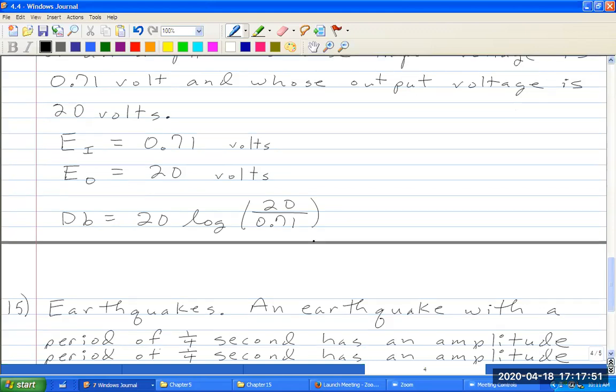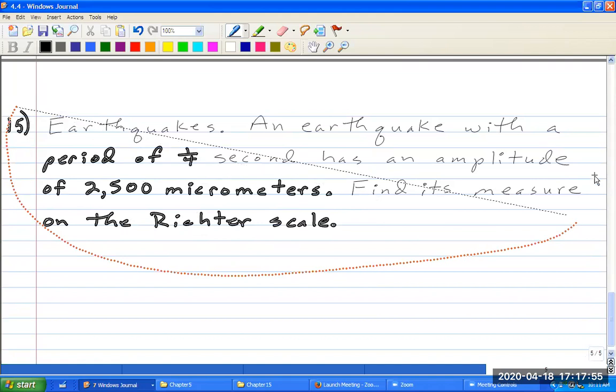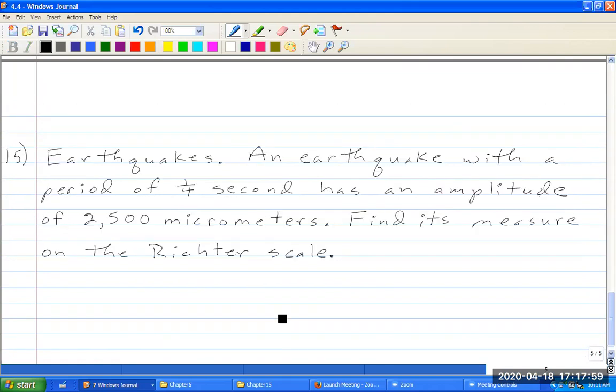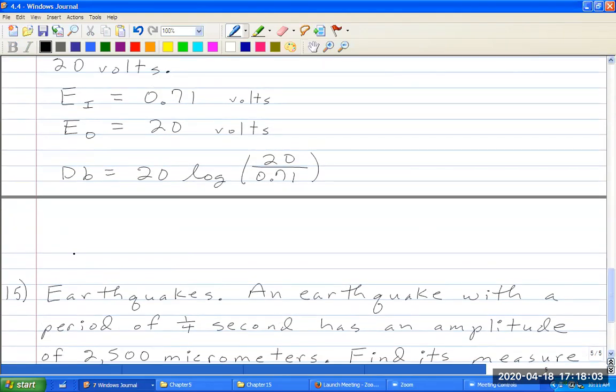Okay, so let's plug that into our calculator. And so if I plug that into a calculator, I get 28.99543294 decibels.